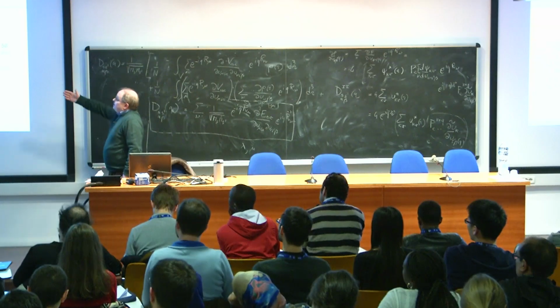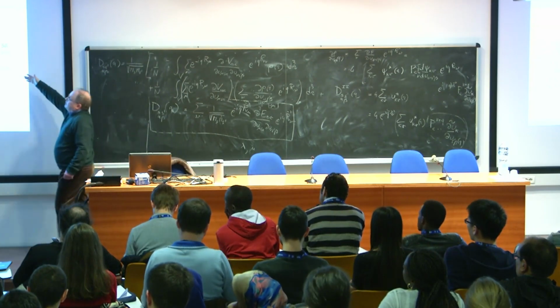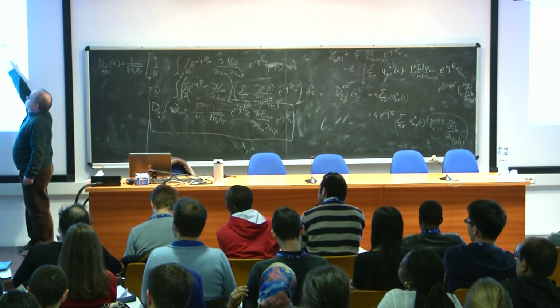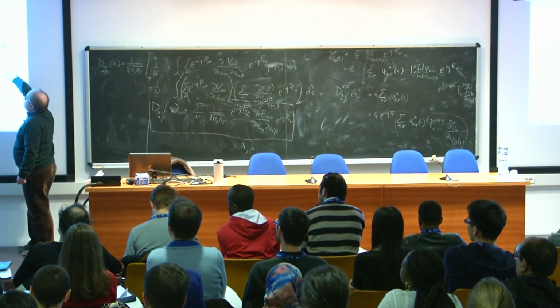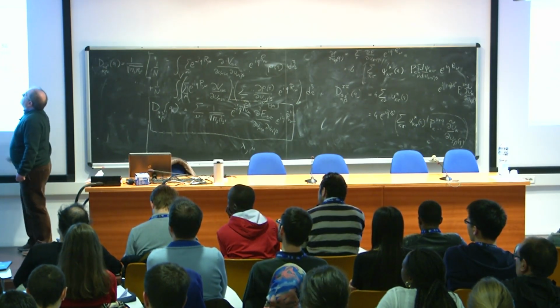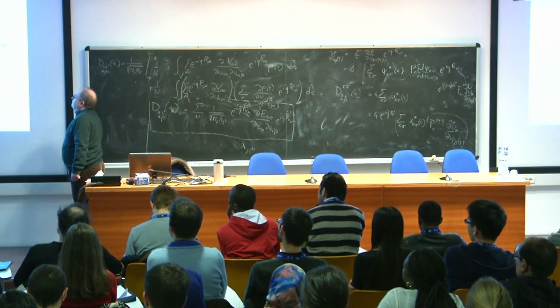Well, the final formulas are reported in the Reviews of Modern Physics, but also in the original Baroni, Giannozzi, and Testa paper, or the Giannozzi, de Gironcoli, and Pavone paper.